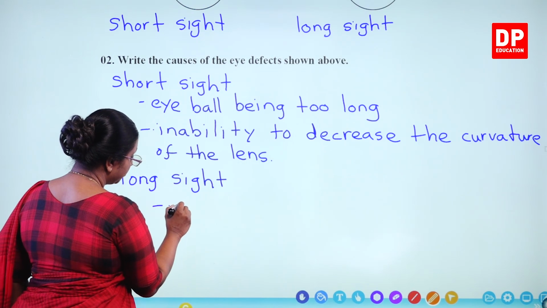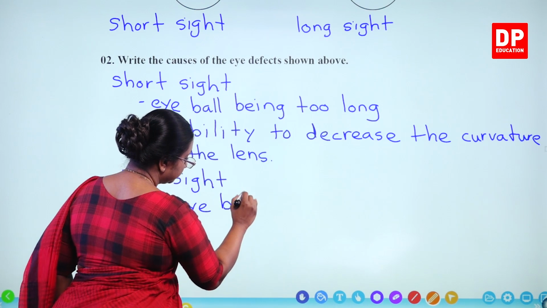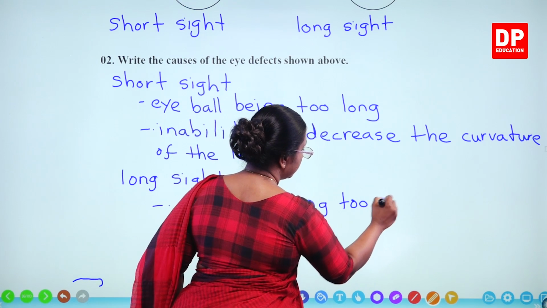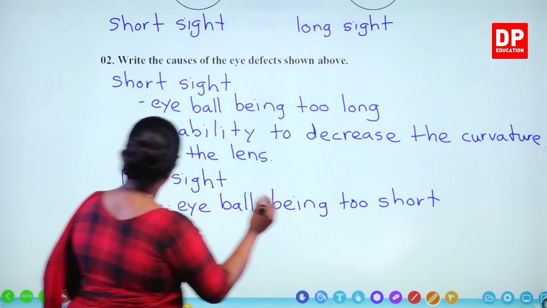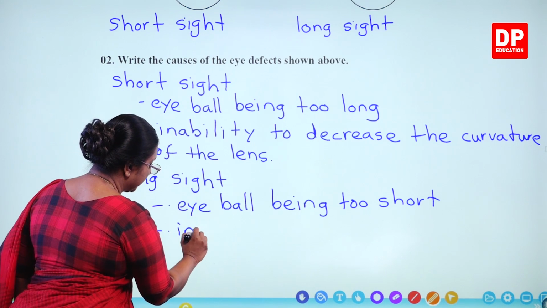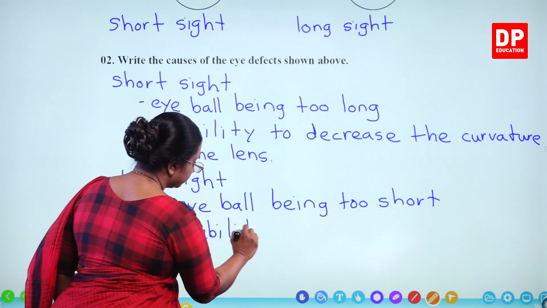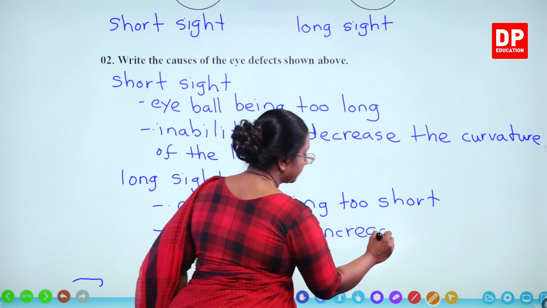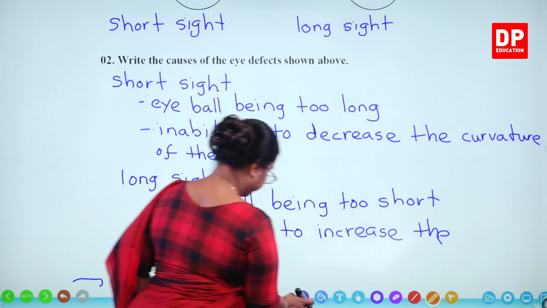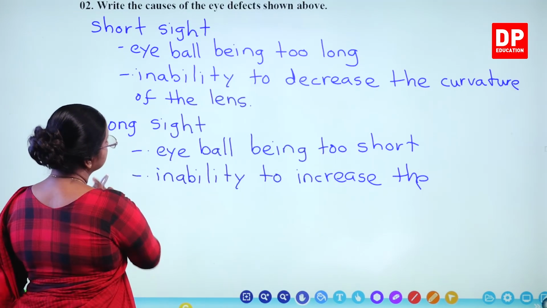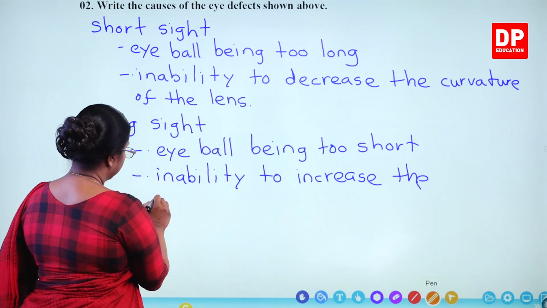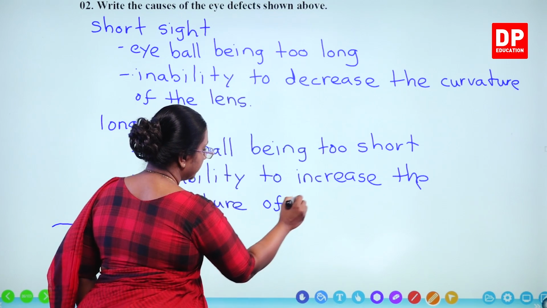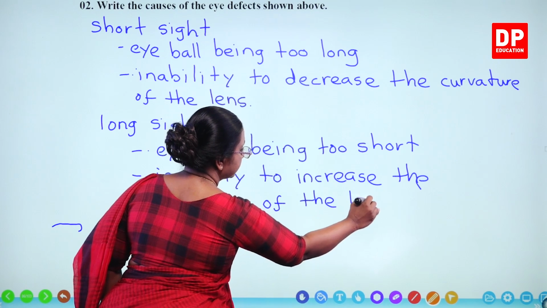The eyeball being too short, and also inability to increase the curvature of the lens.